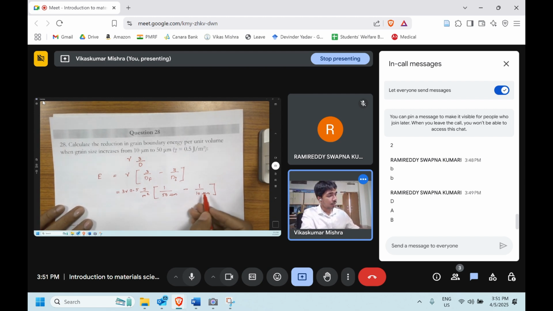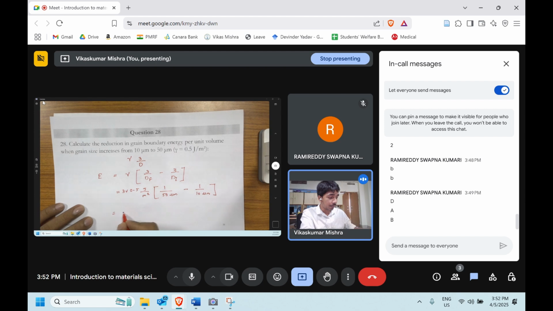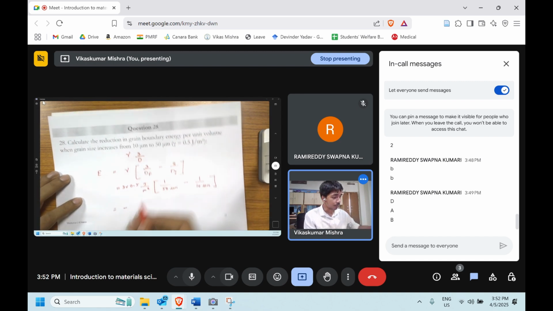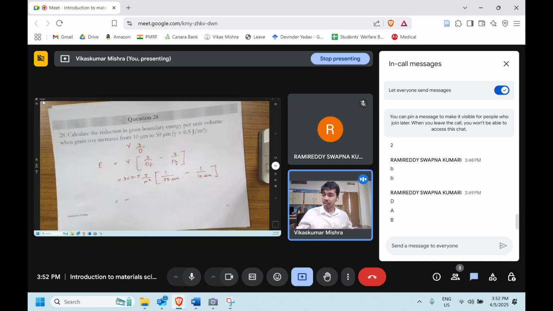See, this one will be more. This one is less. So overall, we know that the result will be negative. If I am increasing the grain size, I am releasing heat. The specimen is releasing the heat. Now the thing is very clear. It's in the same way I have shown you over here.